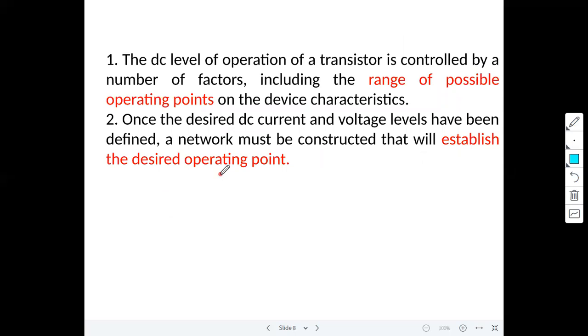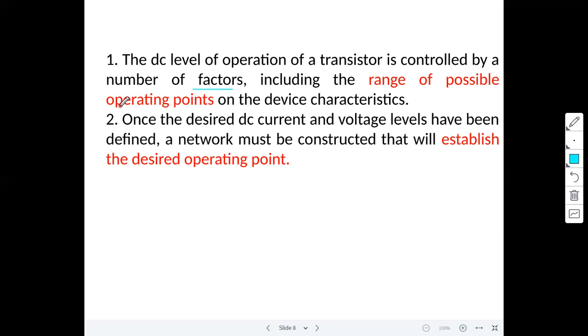Okay, then the DC level of operation of a transistor is controlled by a number of factors, including the range of possible operating points on the device characteristics. The operation of a transistor is controlled not only by a simple bias, but also by some other factors.